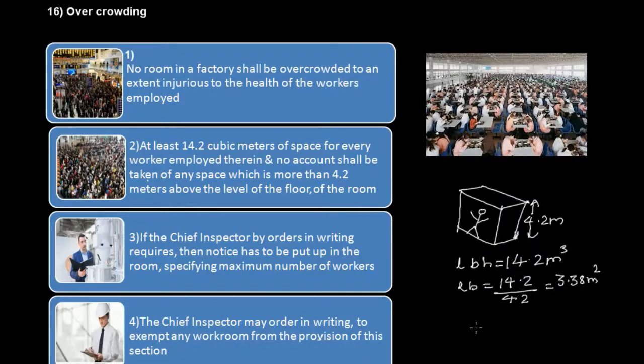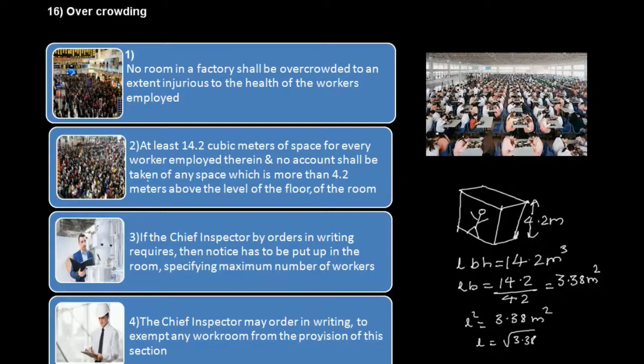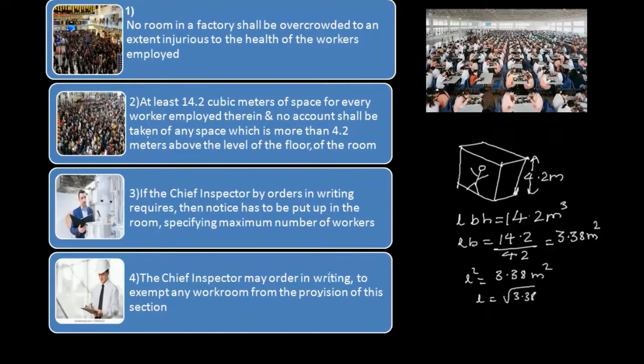Now if I consider this a square, L square is equal to 3.38 meters square, then L is equal to the square root of 3.38, which is 1.83. So L is equal to 1.83.